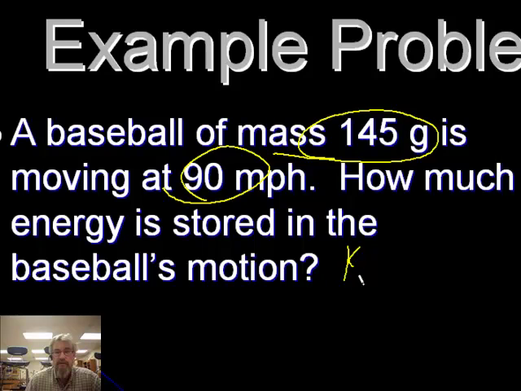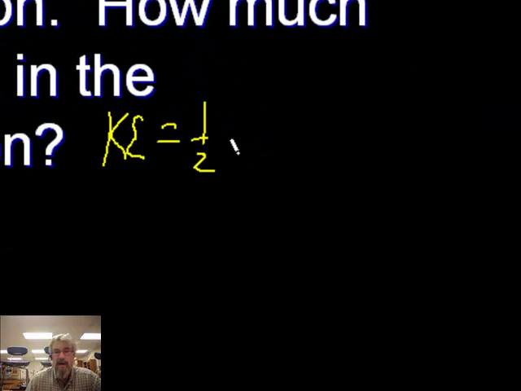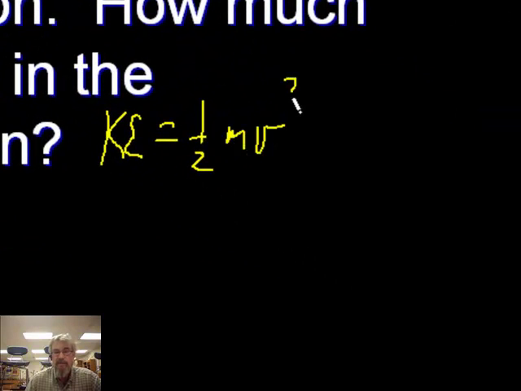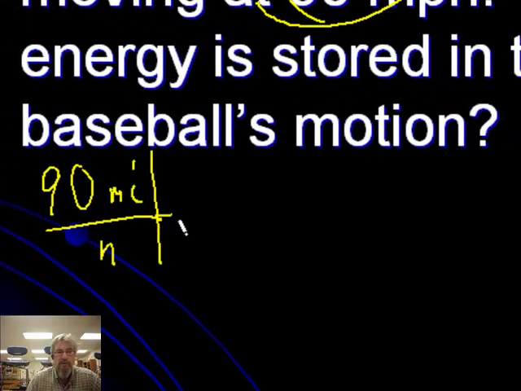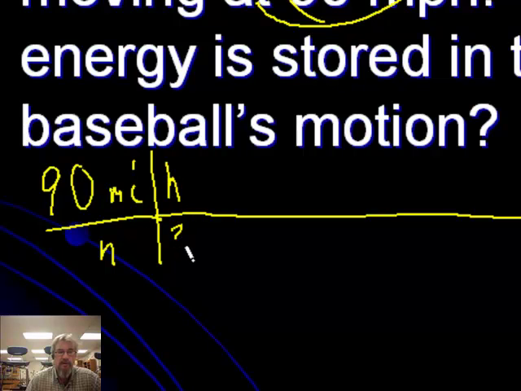Well, we know that the answer to this is going to be 1/2 the mass of the baseball times its velocity squared. So let's get the velocity of the baseball in meters per second so that we can come up with joules. So 90 miles per hour is our starting point. We want to get this into meters per second. An hour is 3,600 seconds. So that gives us seconds.